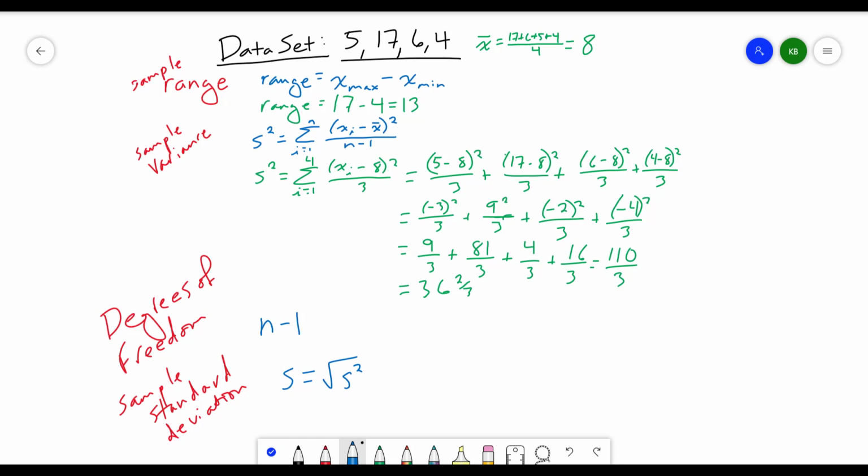Remember, s squared was our sample variance. So in our case, s equals the square root of 36 and 2/3. If we do this, we'll get just over 6, about 6.05. So just over 6. And the standard deviation is telling us again about how spread out our data really is.